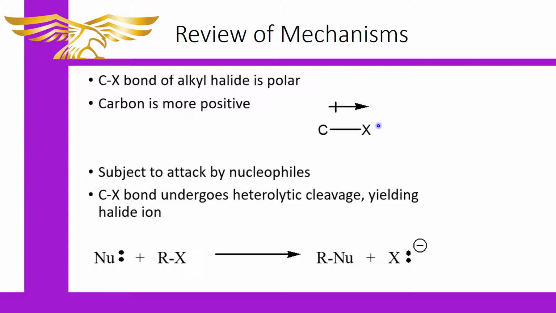In order to review the mechanism, we must first understand the physics behind some of the chemistry we're doing, which has to do with the polarity or the dipole interaction between the carbon and the halide group. The halide is more electronegative than the carbon, and this tends to create a dipole moment between the carbon and the halide. We always draw our arrows towards the more electronegative structure in chemistry.